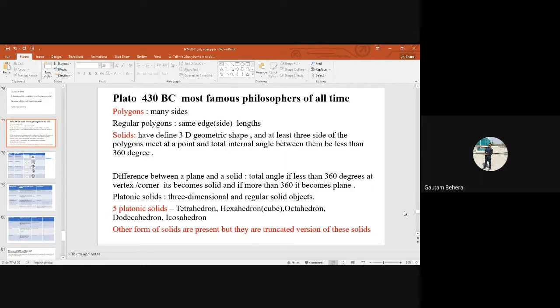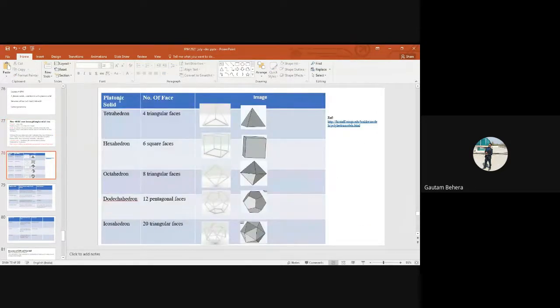The question may be: why can we not have more than 5 kinds of solids? Because of this limitation: if the total angle is less than 360 degrees at vertices or corners, it becomes a solid, right? We'll see that soon. Okay, so these are the Platonic solids.